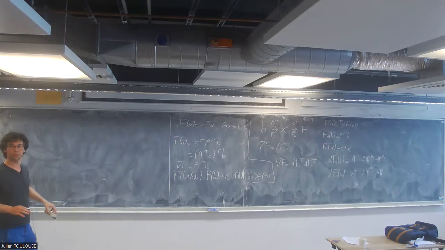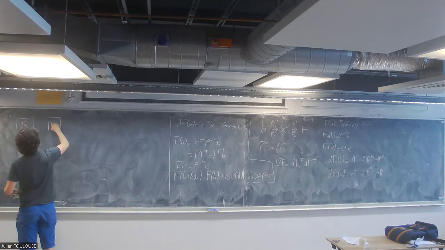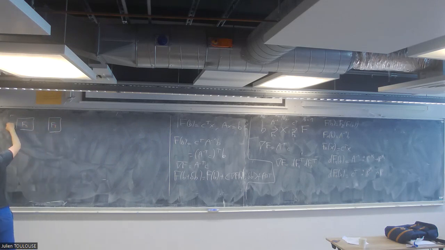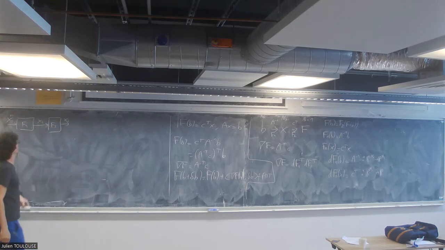So let's go to a more general setting. I still have two boxes, one and two. I have x0 coming in, x1, and x2, which is the output.